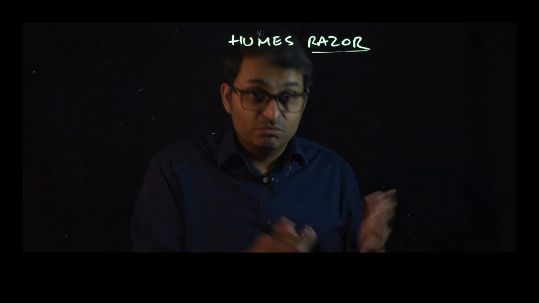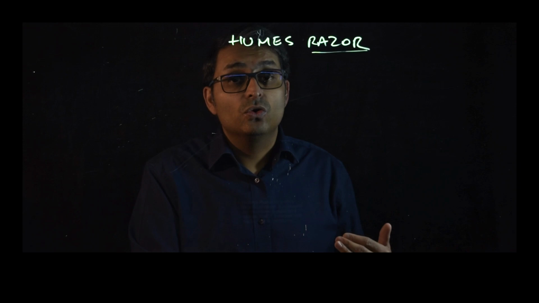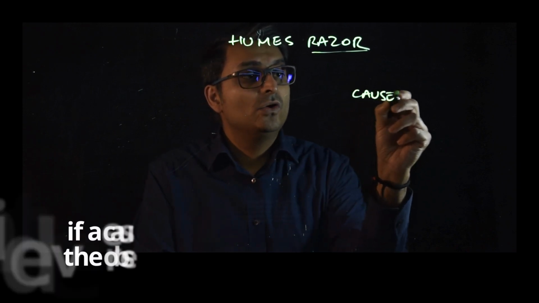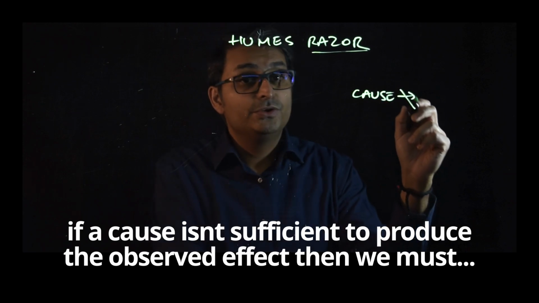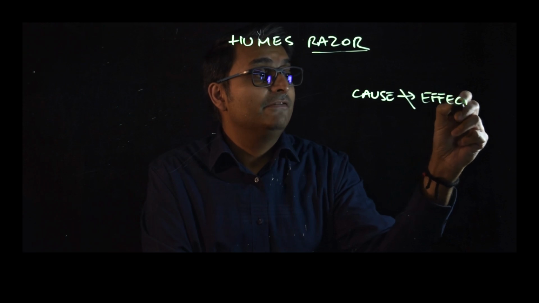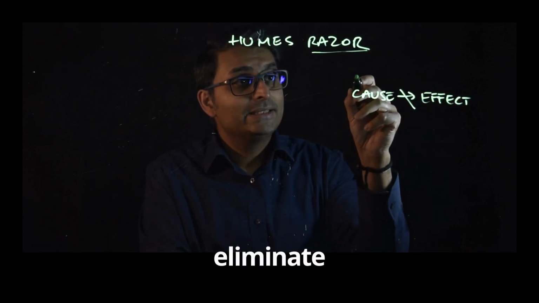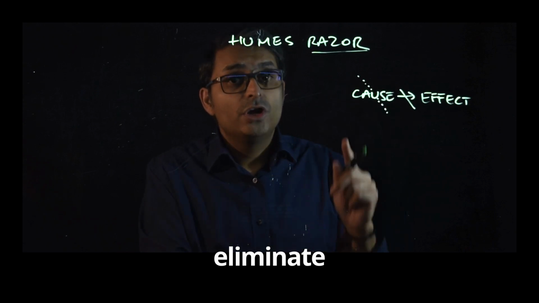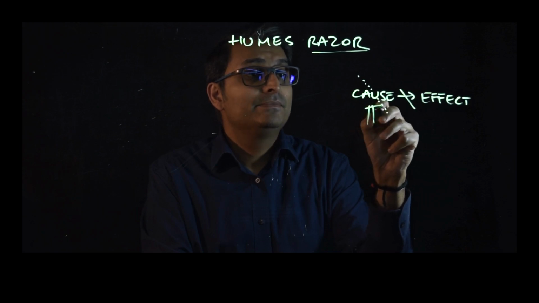It is based on common sense and states that if a cause isn't sufficient to produce the observed effect, then we must either eliminate that cause or show what needs to be added.